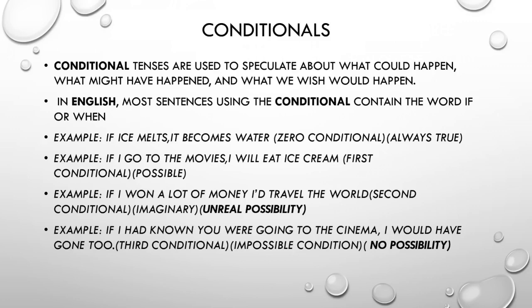So conditional sentences give certain conditions. In English, most sentences using the conditional contain the word if or when. In almost all conditional sentences they normally start with the word if, and in certain cases when is also used. Example: if ice melts, it becomes water.